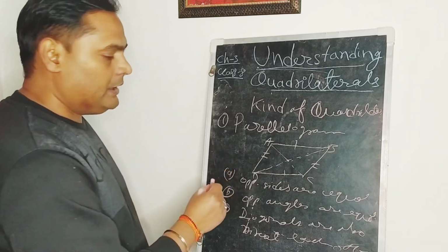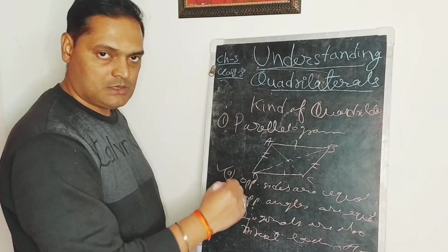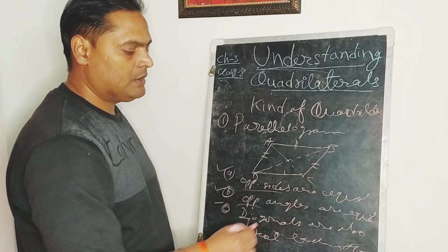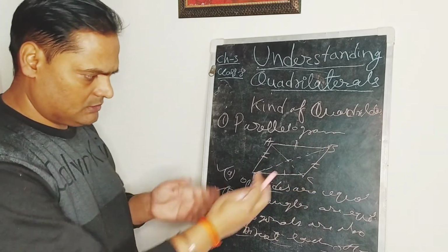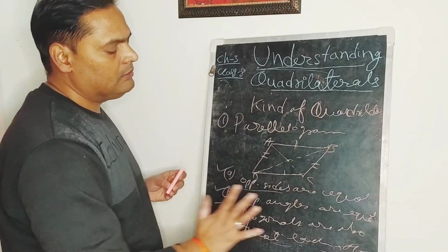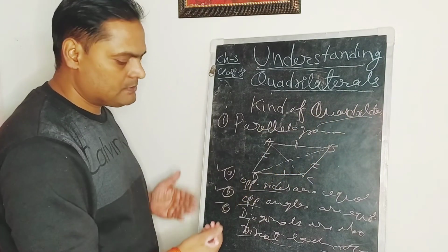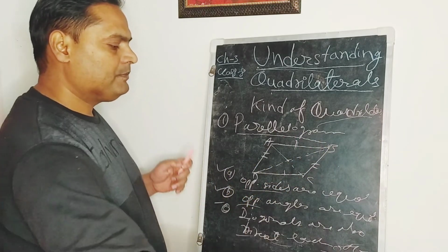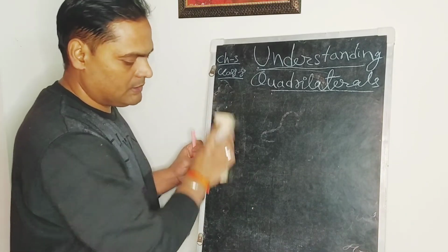So like this, if anything meets these three properties, the opposite sides are equal, opposite angles are equal, and the diagonals bisect each other, then this is nothing but one kind of quadrilateral and its property, and I have taken the parallelogram.